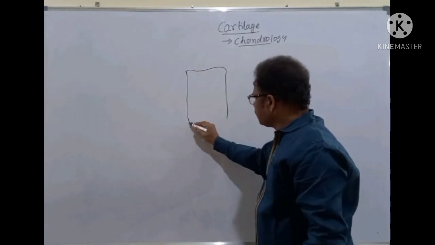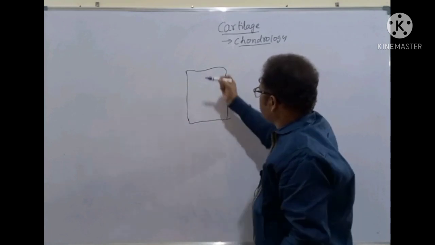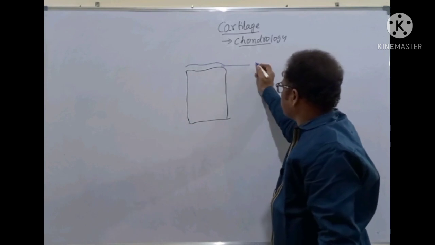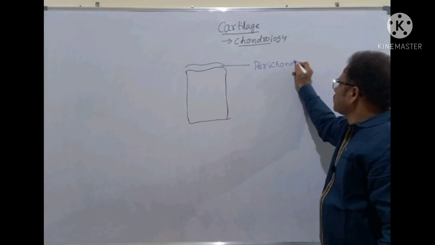Cartilage is surrounded by a dense fibrous irregular connective tissue sheath called perichondrium.